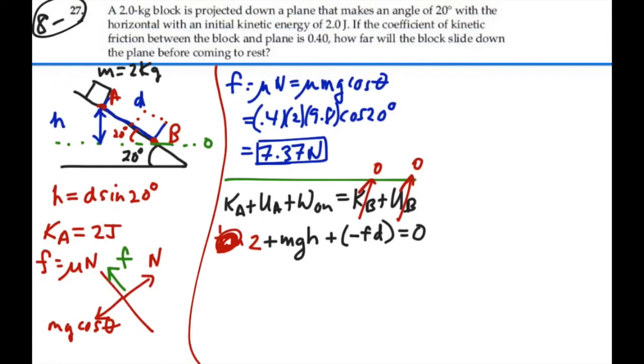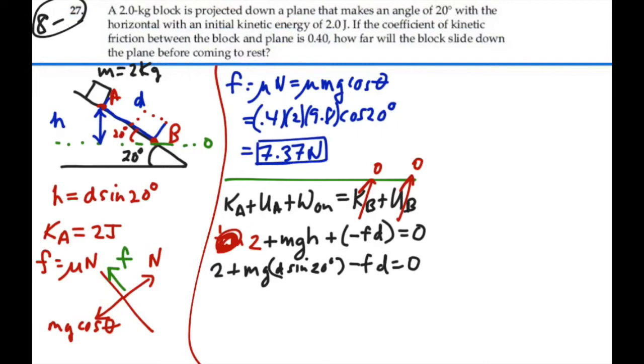Or frictional force times distance cosine 180 degrees, which is a negative FD. So we have that 2 plus the mass times g times d sine 20 degrees minus f times d equals 0.